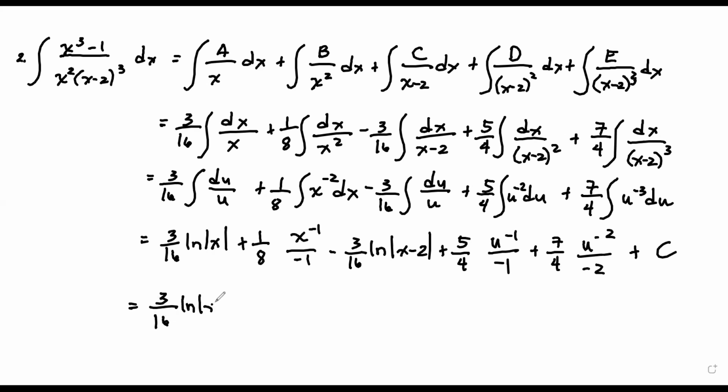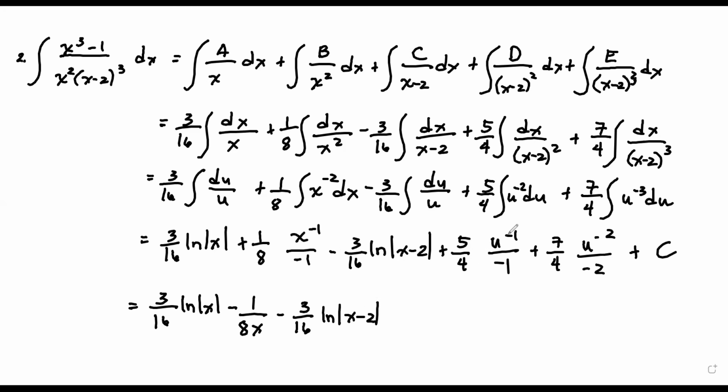Simplify. So, the variables should be the same. 3/16 ln x. When we simplify this, this is also equal to negative 1/8x. So, you need to be careful. And here, in terms of x, negative 3/16 ln absolute value of x minus 2.